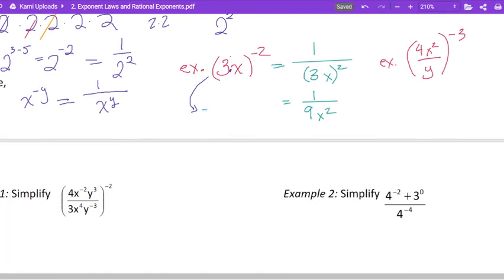I could say, okay, so this is 3 to the power of -2 times x to the power of -2. Right? I can do that one as well. And 3 to the power of -2 is 1 over 9. x to the power of -2 is 1 over x squared. So you can sort of choose your own adventure, which ends up, because we're multiplying, we just multiply the denominators.